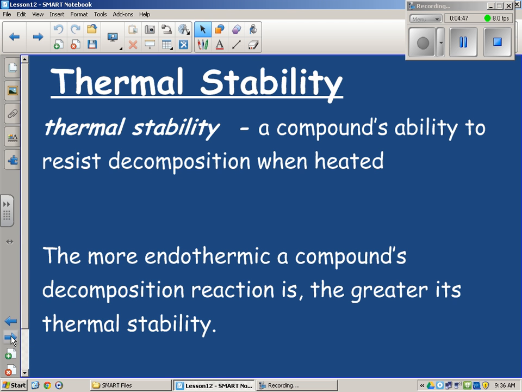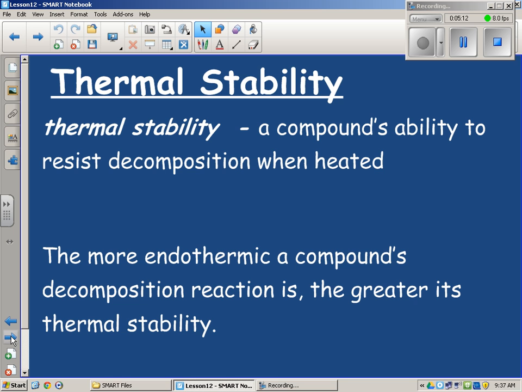We do need to talk a little bit about thermal stability, and I'll tell you the easiest way to do this. When we talk about thermal stability, there will be questions based on this. In other words, how stable is this compound? Thermal stability is a compound's ability to resist decomposition. So think about that. It's the ability to resist decomposition.